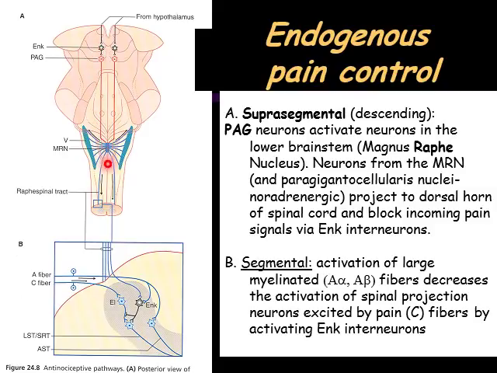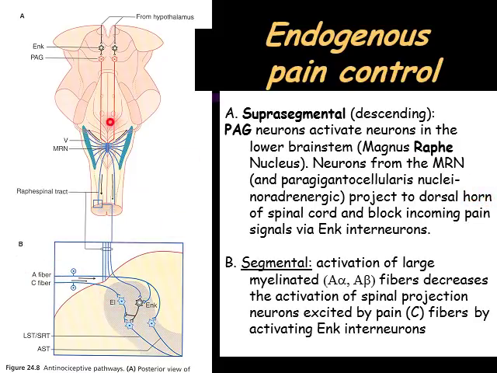And this pathway can modulate the activity by sending long pathways down to a variety of locations, both in the midbrain and lower brainstem in the medulla, that end up on those inhibitory interneurons, and as a result, the brain itself can modulate the excitability of the afferent pathway.